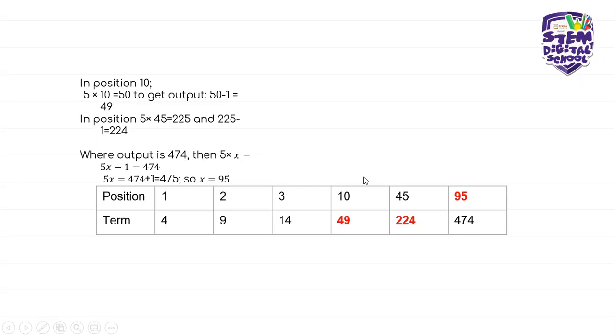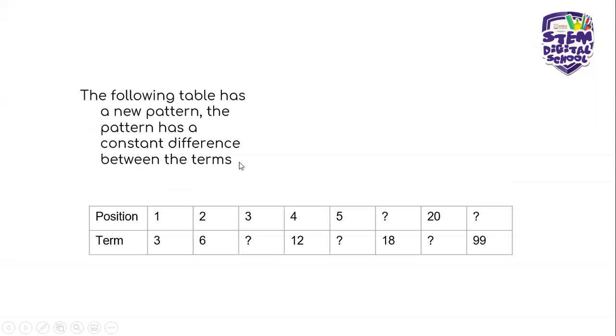To get the position, you can name it X. I've named the position here X because we do not know the value yet. So it means you are going to take the same constant difference, you multiply it with the position, which is now unknown. So it will be 5 multiplied by the unknown position there, which is X.